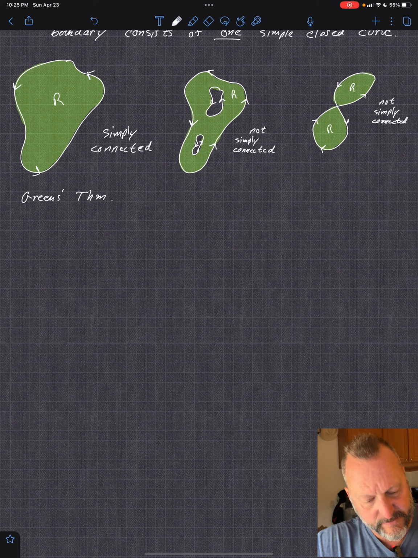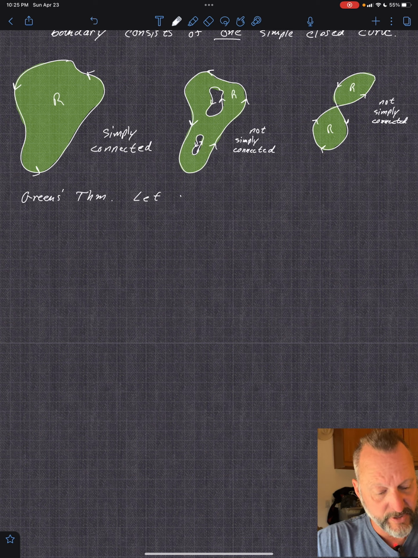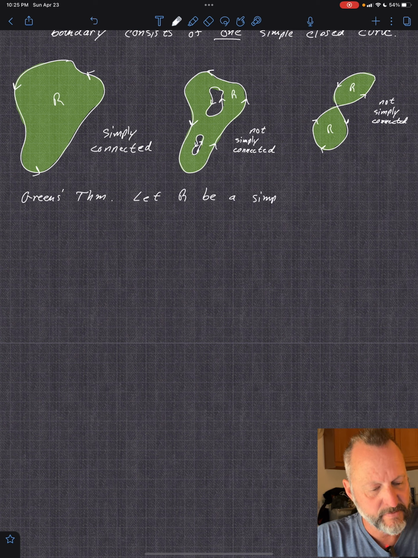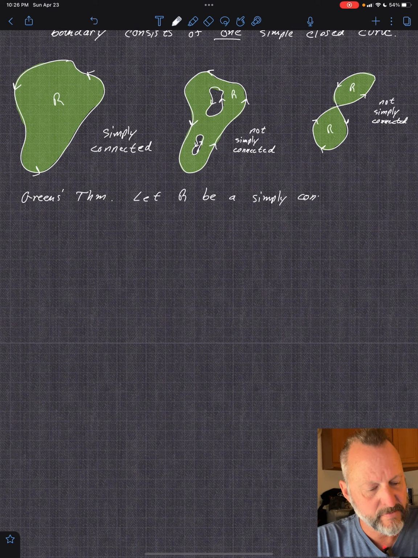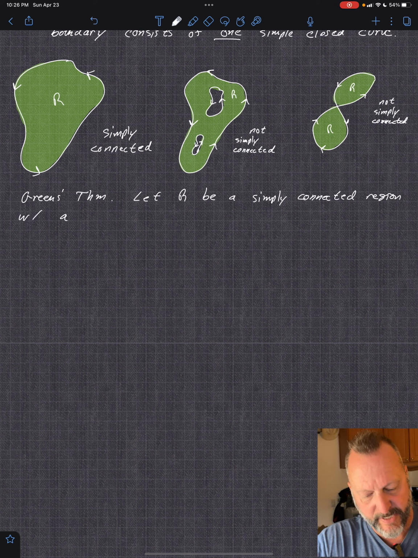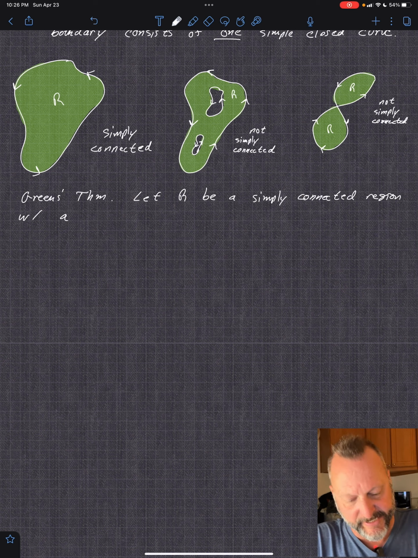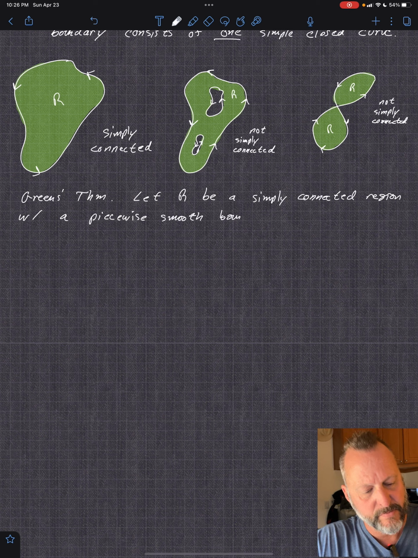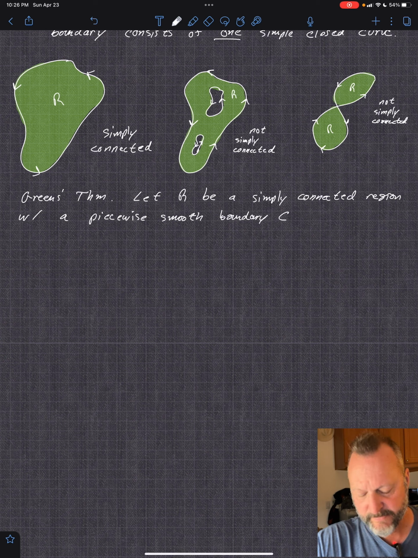Green's theorem says we want our region R, let R be a simply connected region with a piecewise smooth boundary C, oriented counterclockwise.